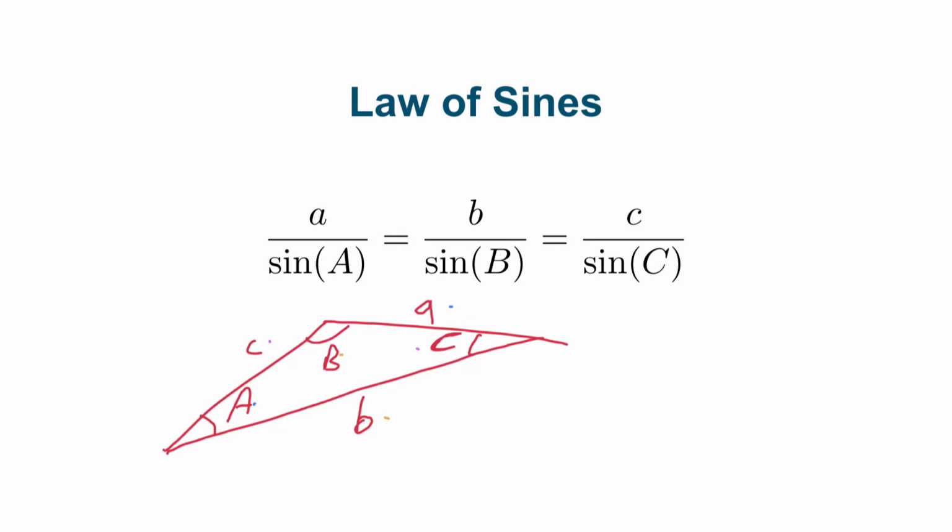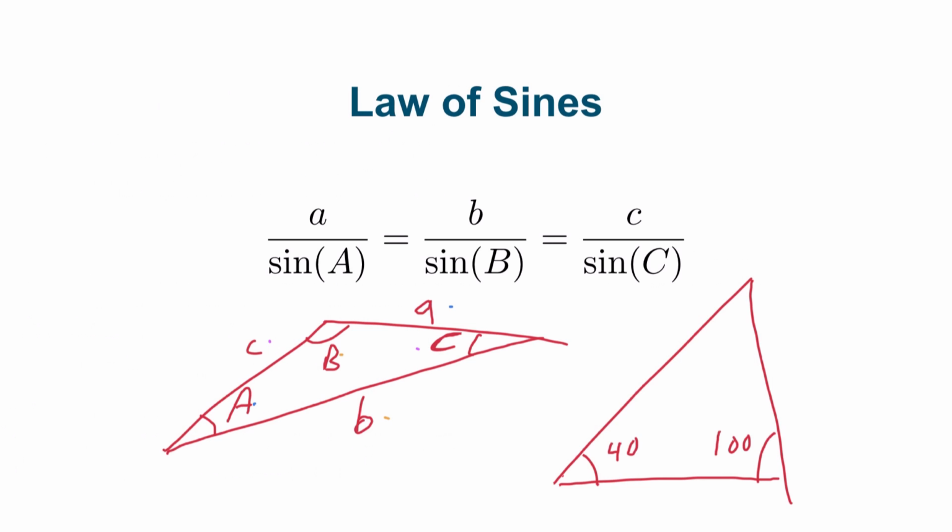So for example, let's look at a specific triangle. Let's say the angles were 100, 40, and 40. So not a right triangle, but suppose I knew that this side length was 5, and I wanted to know this side length here, opposite to 100.